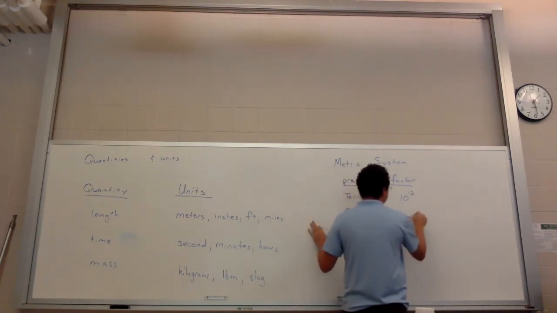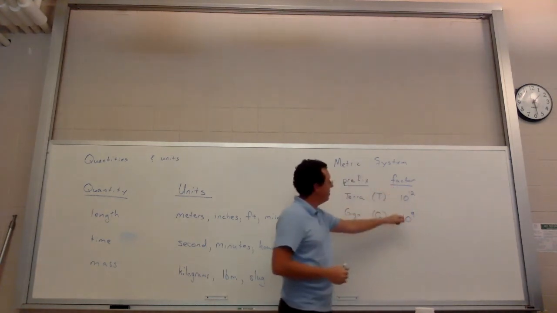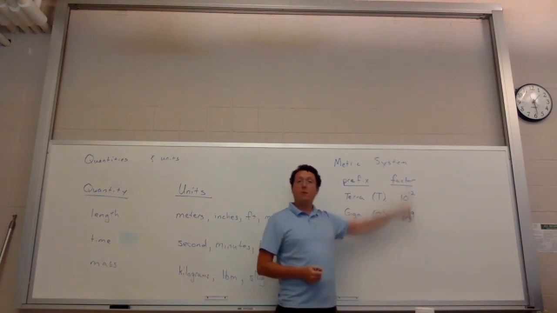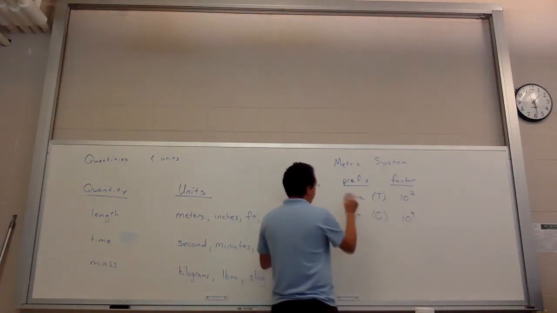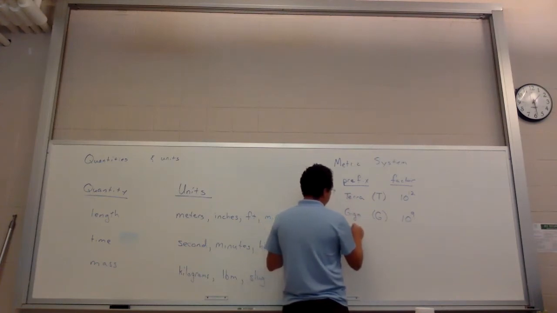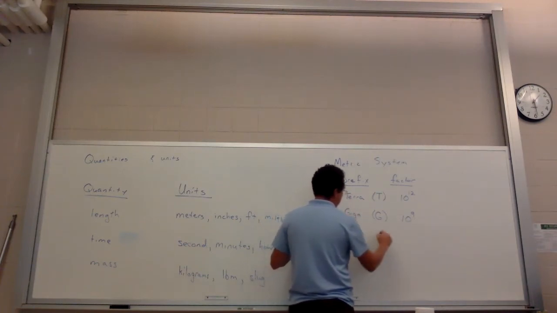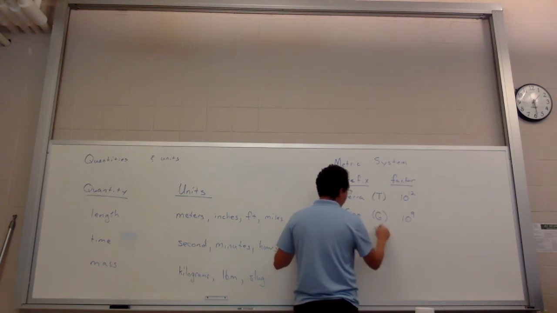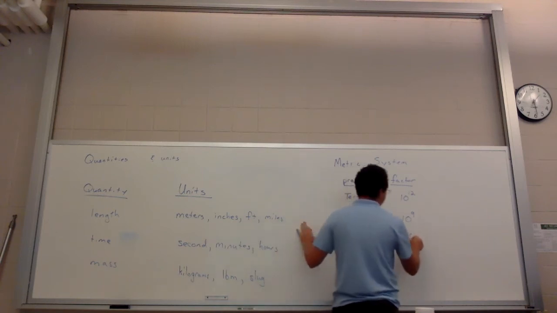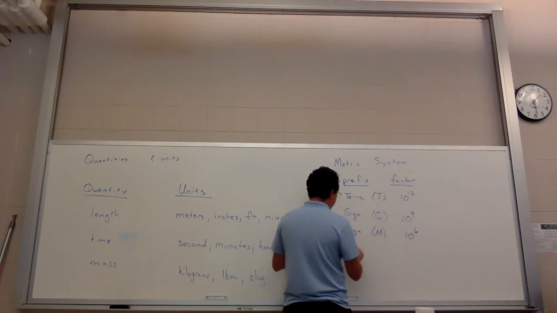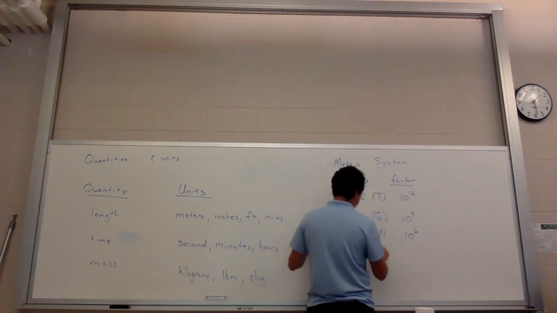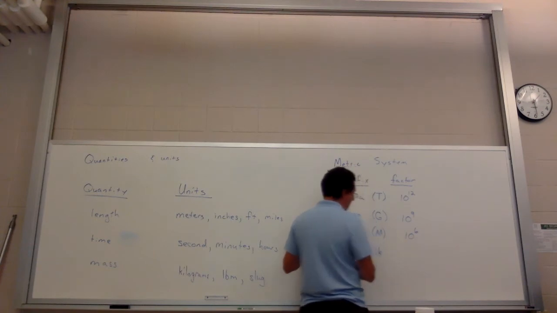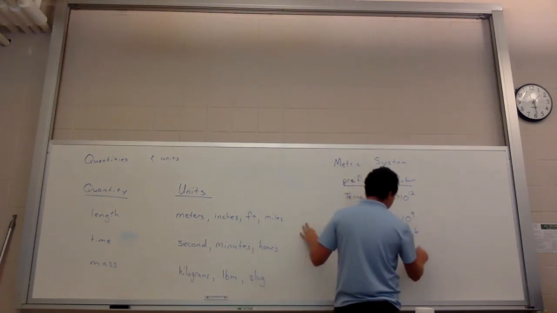That would be 10 to the 9. So they differ by a factor of 1,000, which is what happens for most of these units. Tera, giga, we have mega. And the symbol we use for that is capital M. That's 10 to the 6. And we have kilo, that would be 1,000. So that's a lowercase k. That's 10 to the 3.